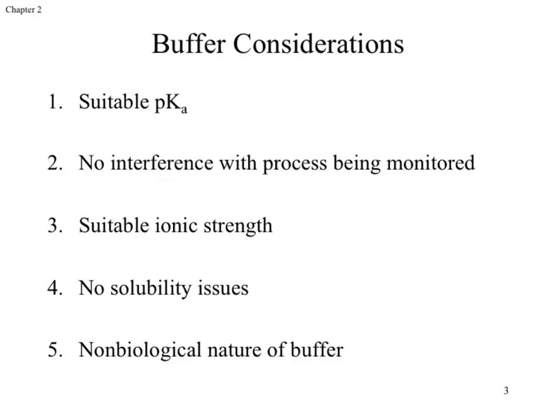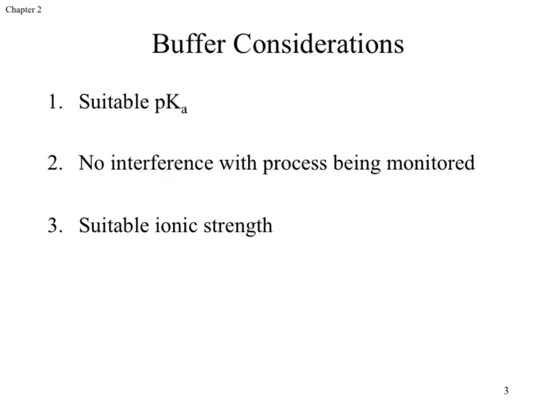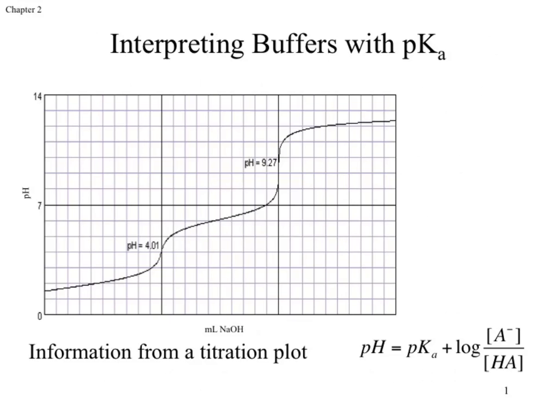Okay, let's go back to that titration curve. Oh my gosh, that's way back there. If we're looking at a low pKa, to reach that point, how much base did we have to add? A very small amount of base.